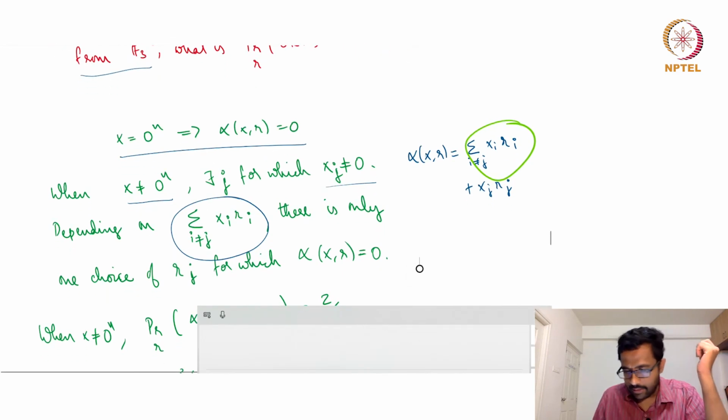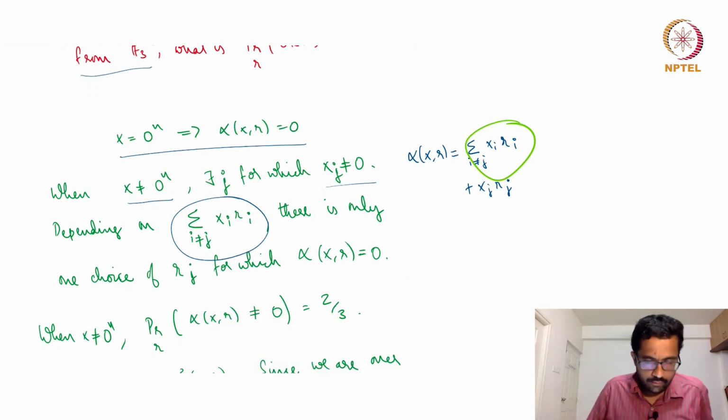And this is an undesirable situation, right? We are trying to compute OR, and we know that x is not all 0, which means at least one bit is 1. And we want alpha to be not 0. So the problem is there is exactly one choice of r_j for which alpha is 0.